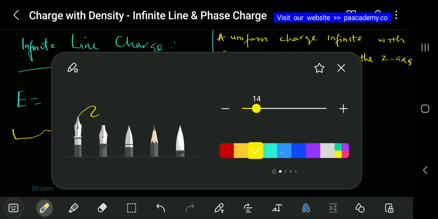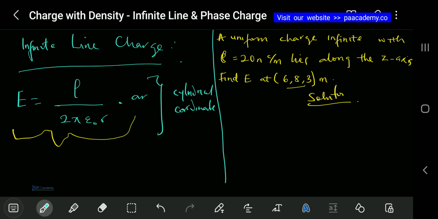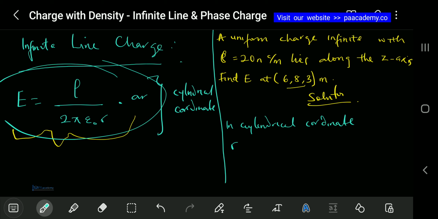Let's just go through this. In cylindrical coordinates, remember this is the formula, our r will be the square root of 6 squared plus 8 squared.